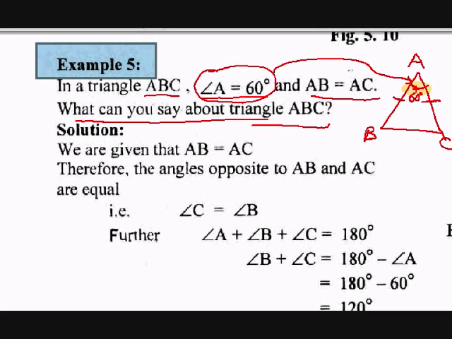But we don't know about this side, whether it is equal or not. That is what we are going to find. AB equal to AC, therefore the angles opposite to AB and AC are equal. Since these two sides are equal, angle C and angle B are also equal. Assuming it is isosceles, this angle and this angle should be equal.